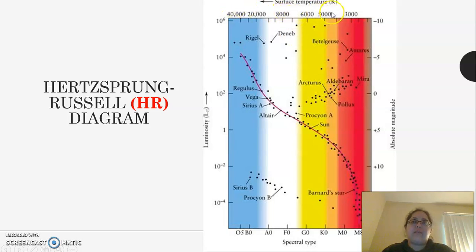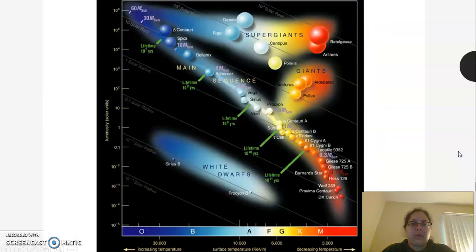And the surface temperature goes to the left in terms of heat. The right is the cooler stuff, and to the left is hot. So Arcturus is kind of on the low range. It's not as hot as our sun, which is a little bit to the left and is in this yellow band. So it's less than 5,000, we could say like 4,900 Kelvin. So that's just how you read an HR diagram.